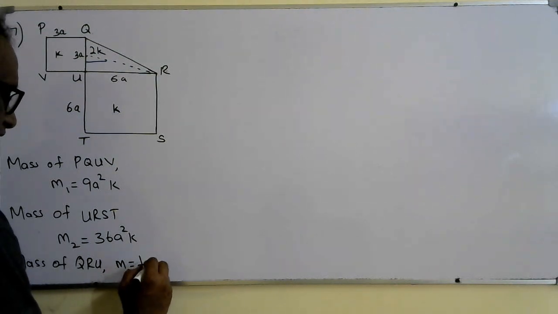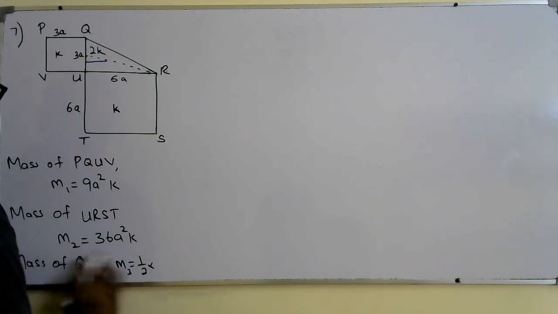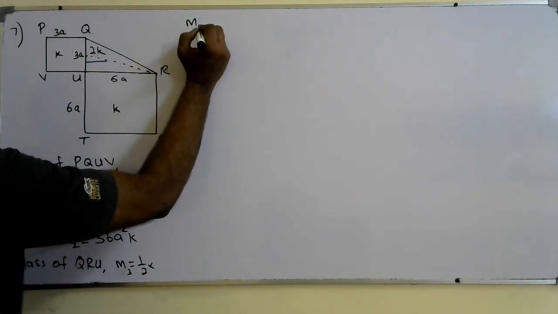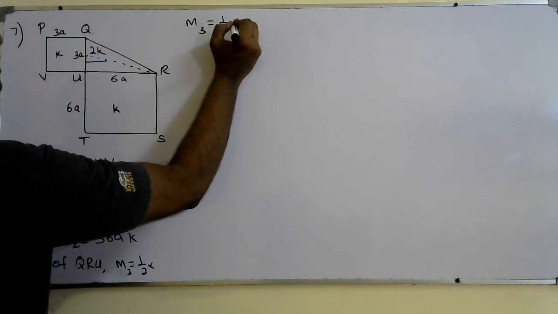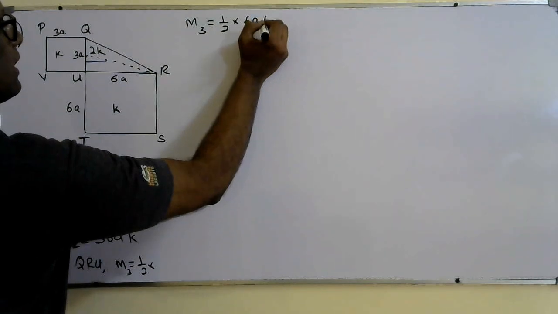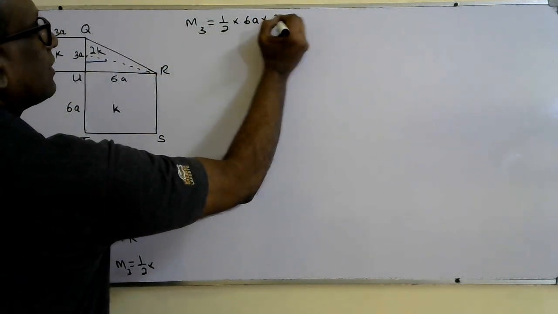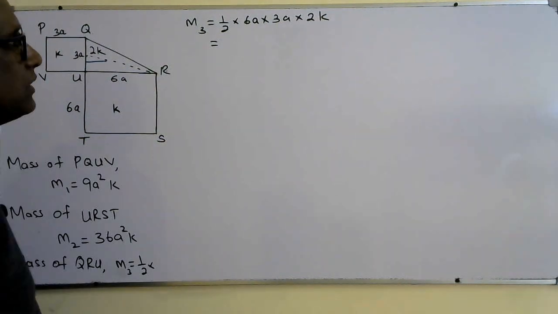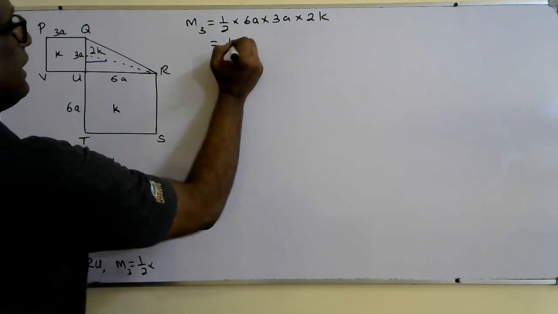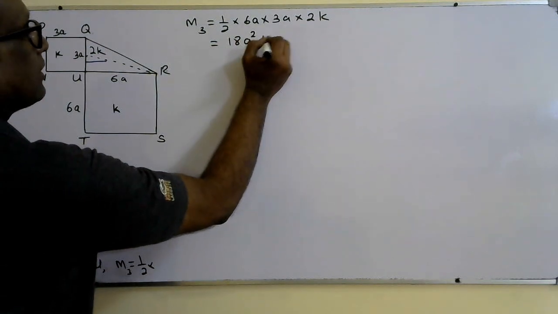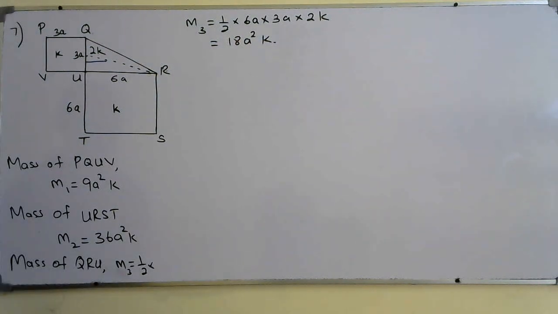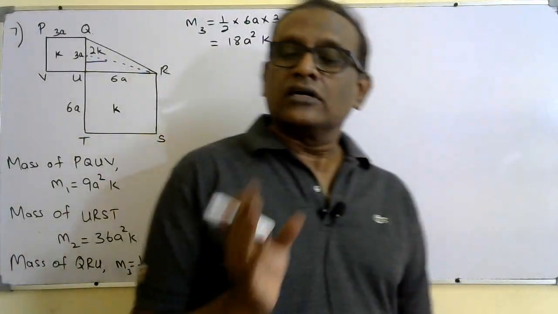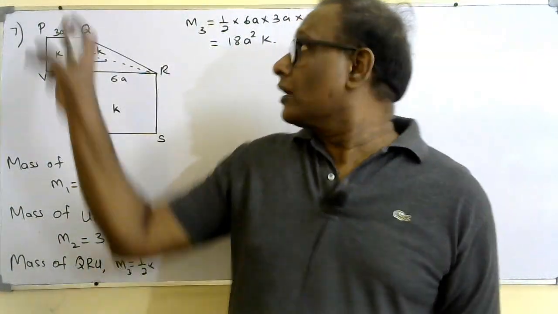That is area half into base 6A into height 3A into mass per unit area 2K, it's given. So solve it, you will get 9A squared into 2K, that is 18A squared K.